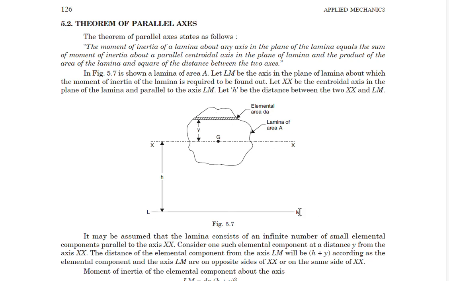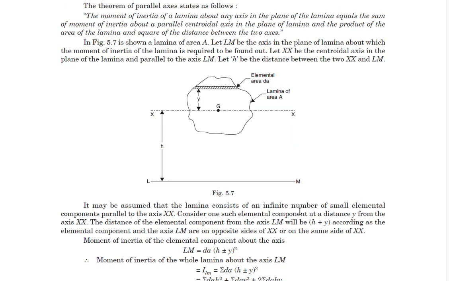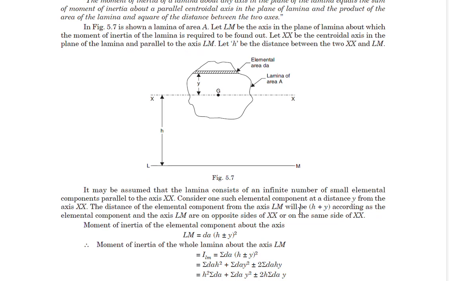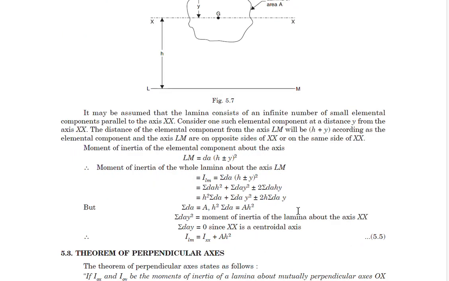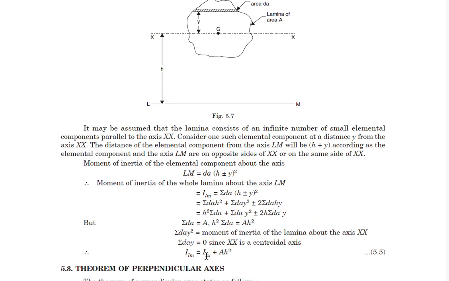So you can simply find this by using this equation, which is Ixx, the moment of inertia about the axis xx, plus area, total area, into h square. h is the distance between these two axes. So this is the parallel axis theorem.